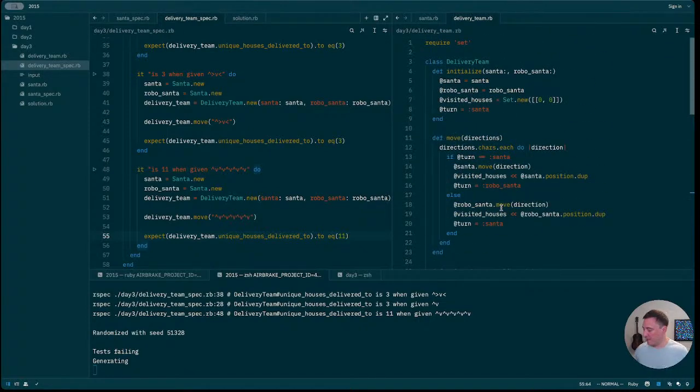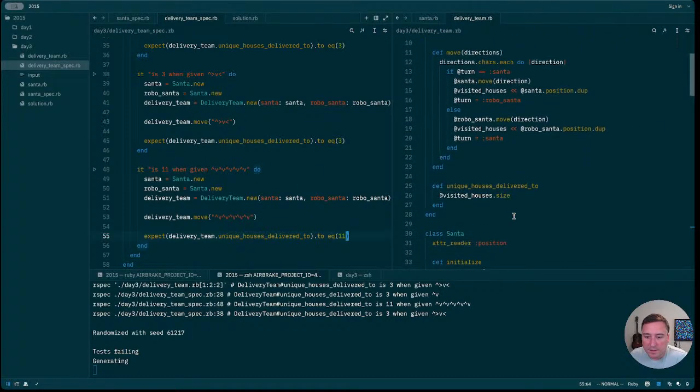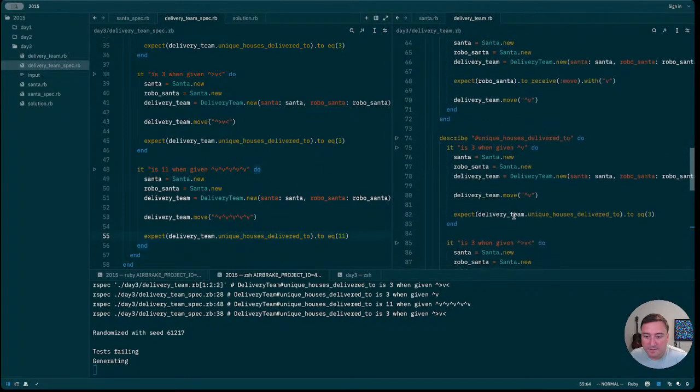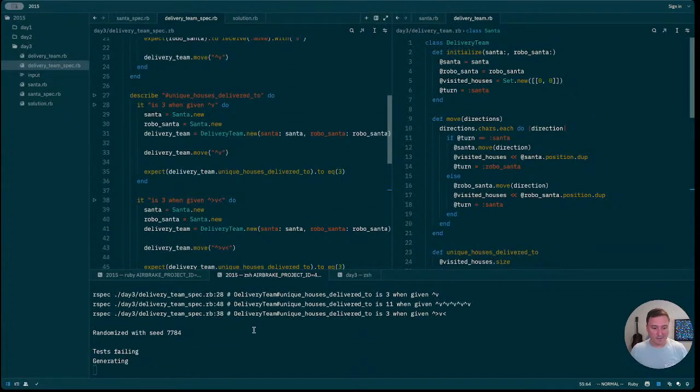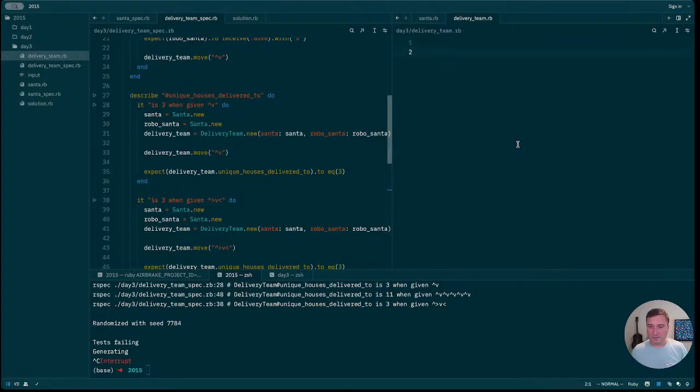So I'm gonna write that down: stop after a few failures. And it's still going, and it's changing threading specs and everything. Okay, so let's kill this, and maybe let's just delete everything in the delivery team file and try this again.